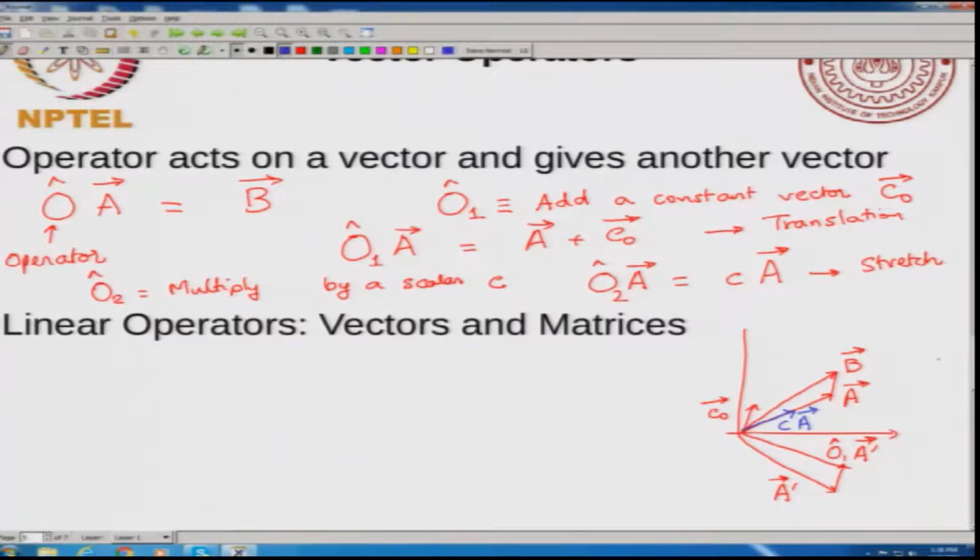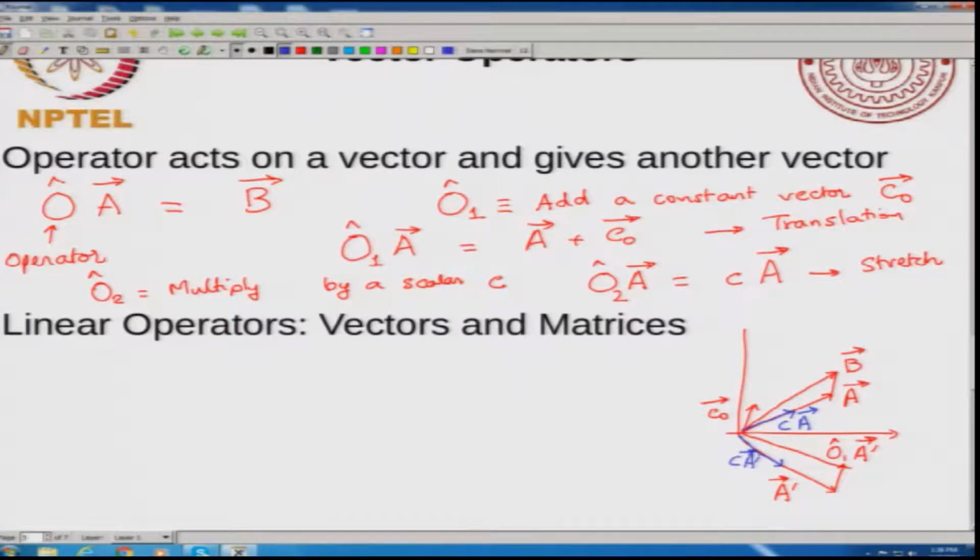If C is greater than 1, it will be longer. Similarly, it will take A prime and shrink it by the same factor, C times A prime. So, these are common operators.